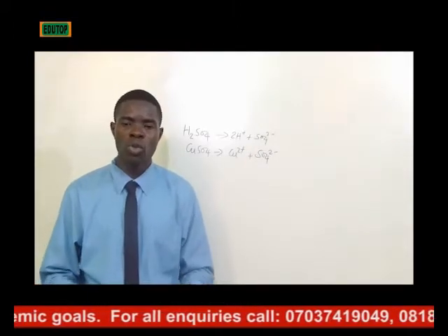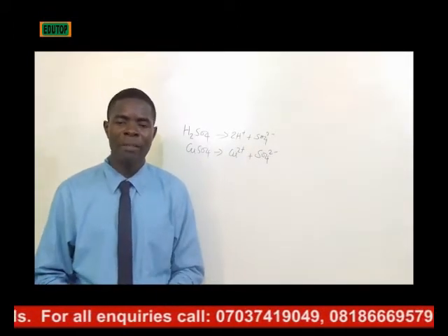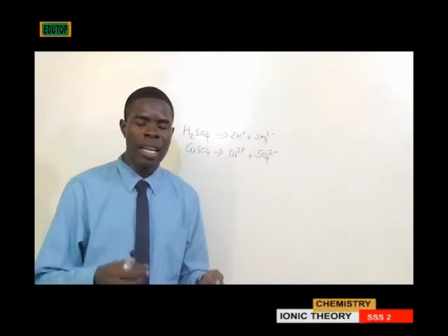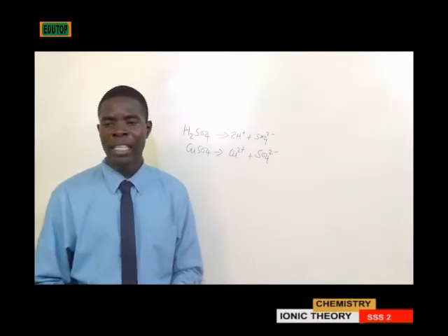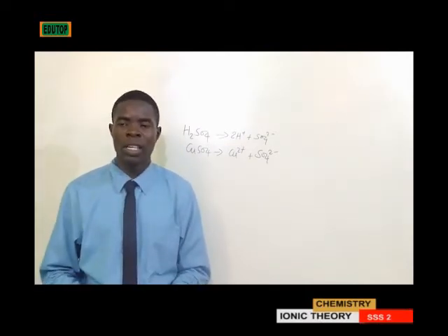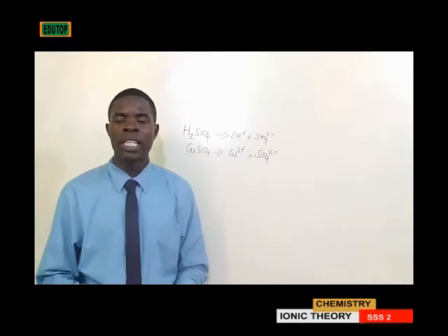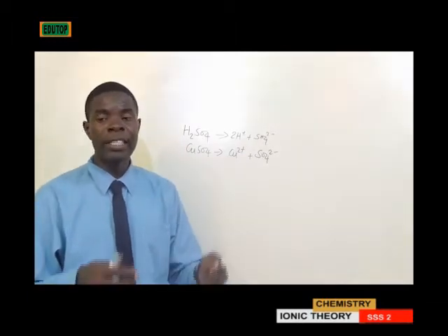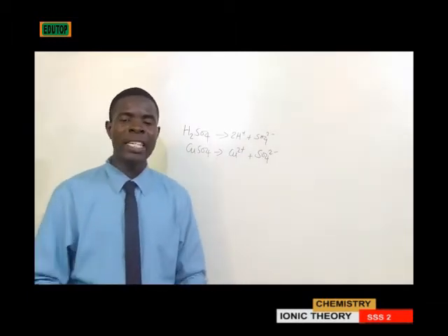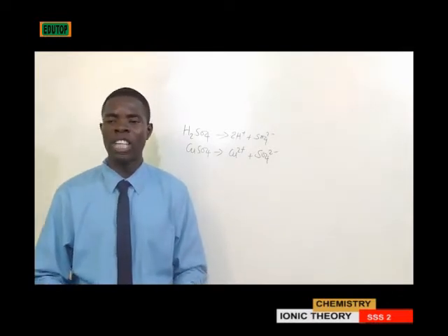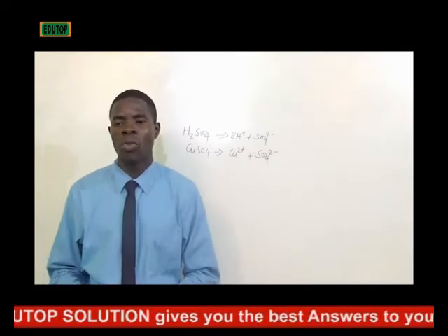We have two types of electrodes. We have the cathode and the anode. The cathode is the negatively charged electrode, while the anode is the positively charged electrode.